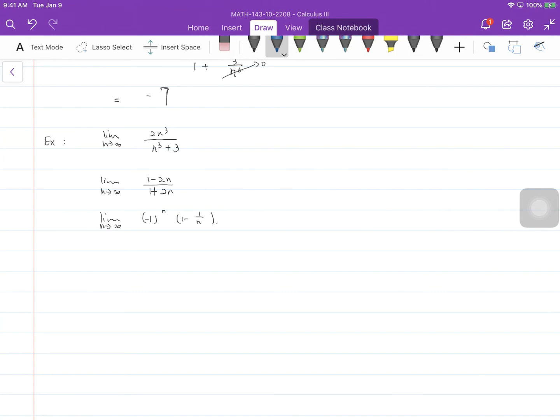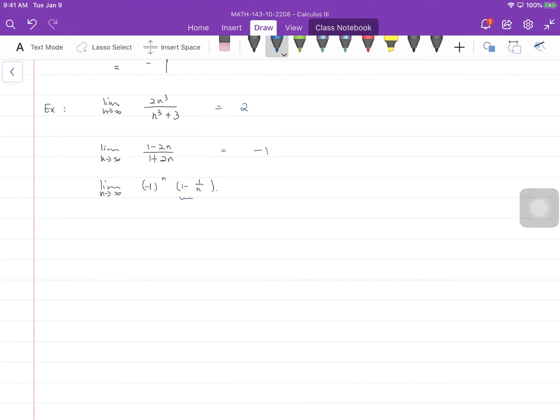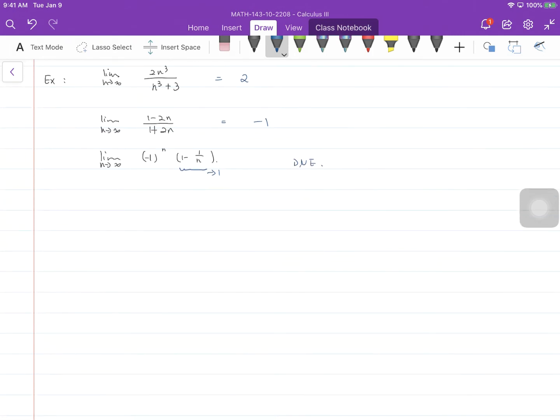The first limit equals, you can divide both by n cubed, right? But the answer is 2. This one, which is -1. Okay. How about the last one? The last one, this term goes to 1, but we have negative, positive, so the limit does not exist. Okay, there's no limit. Or if this is our an, the sequence diverges.